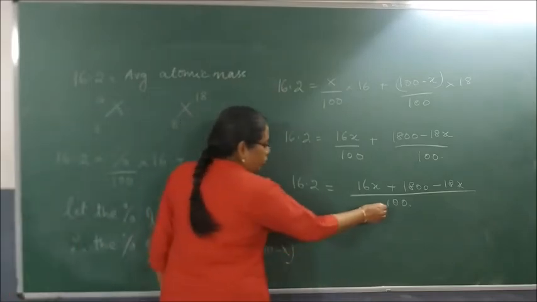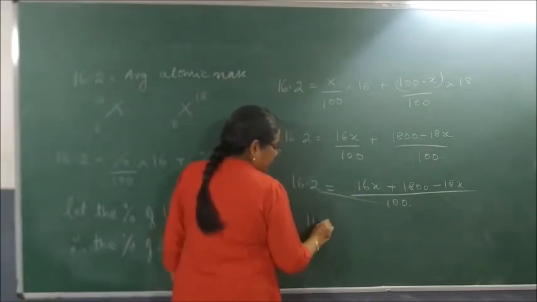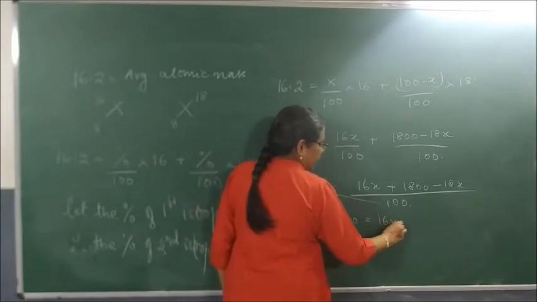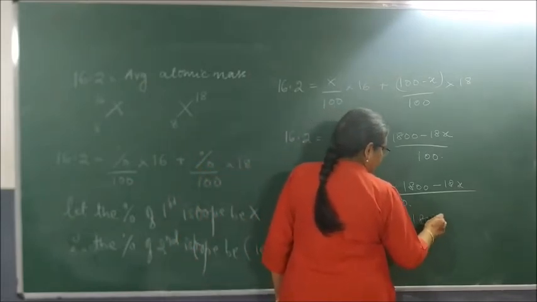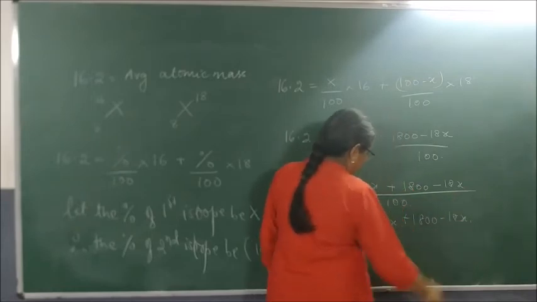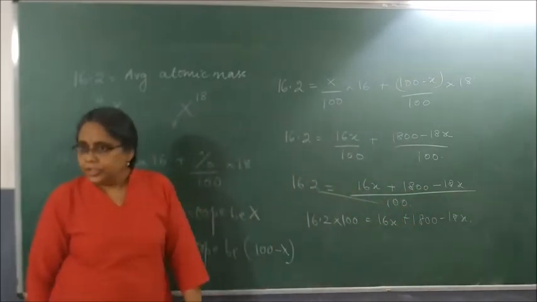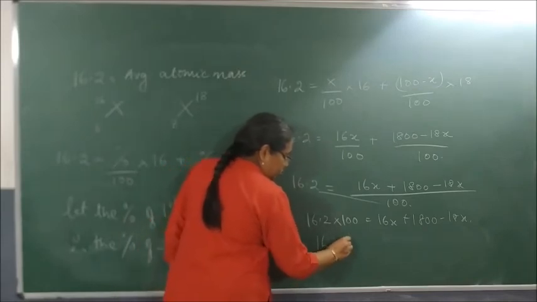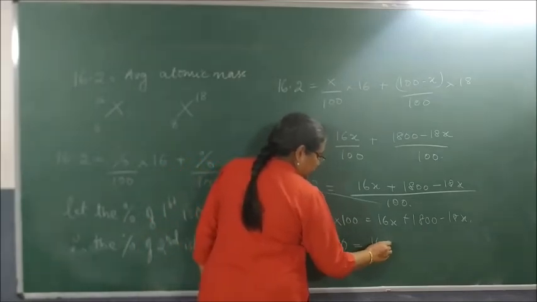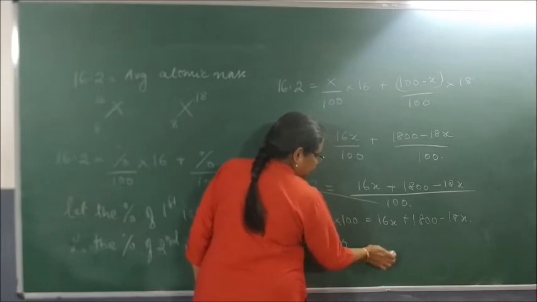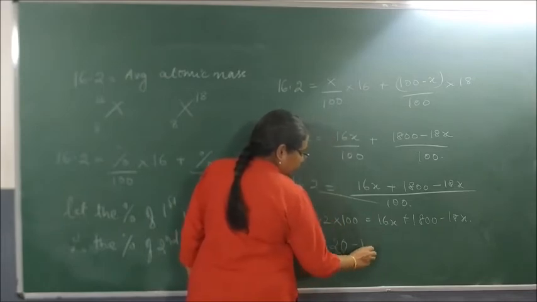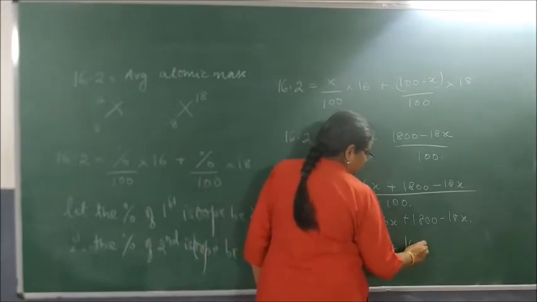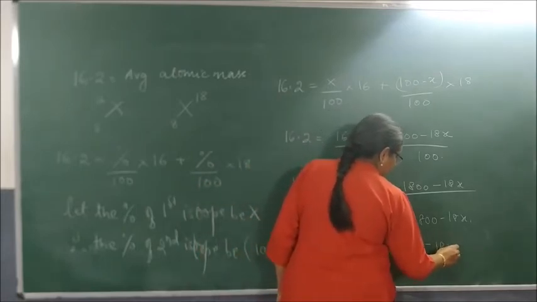So I can cross multiply. So I get 16.2 into 100 is equal to 16x plus 1800 minus 18x. 16.2 into 100 is 1620, so 1620 minus 1800 is equal to 16x minus 18x.